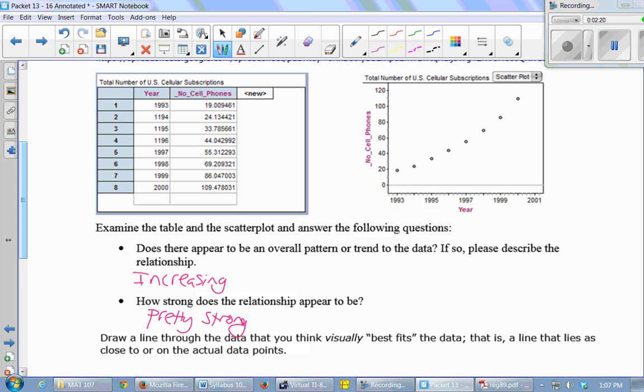I mean, I was in college around this time, and not everyone had a cell phone. It was still kind of new. So it might actually just get even steeper after this. So that might not be a good idea to predict too far into the future using this data.